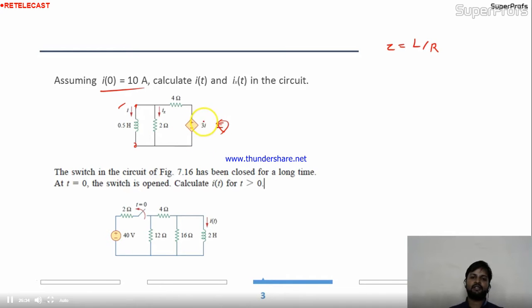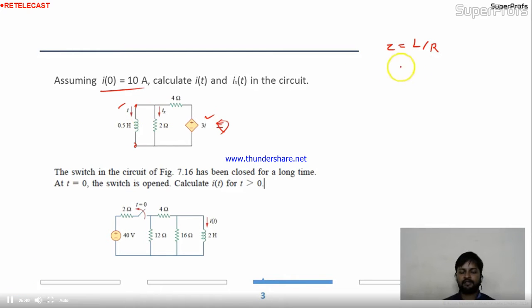Since the circuit contains a dependent source, we can't directly find tau because we need the equivalent resistance. To find the equivalent resistance, we would need to remove the dependent source and use an independent source.